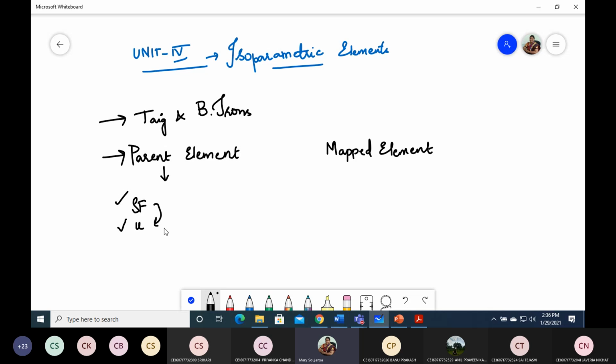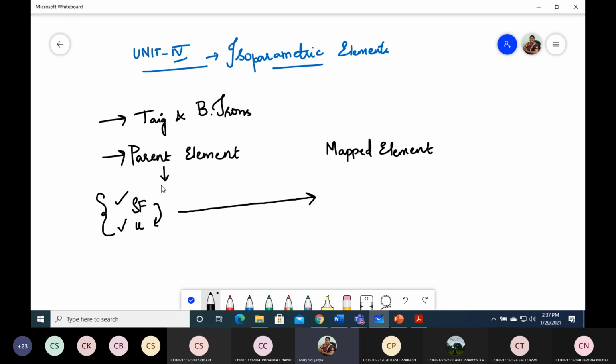Then, to the mapped element, using these two factors, shape functions and nodal displacements, we are going to analyze the mapped element. This is what we have been doing till now. How these two are related is the concept of isoparametric.